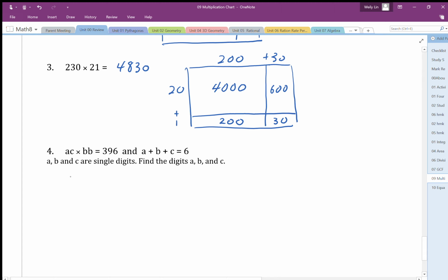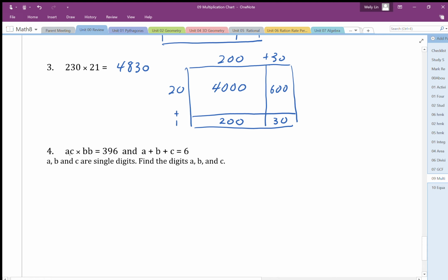So we have to think what two numbers multiplied together, C times B, ends with a 6. Okay, so C times B being single digits ending in 6, it could be 4 and 4, 2 and 3, and we can start having guesses like that.